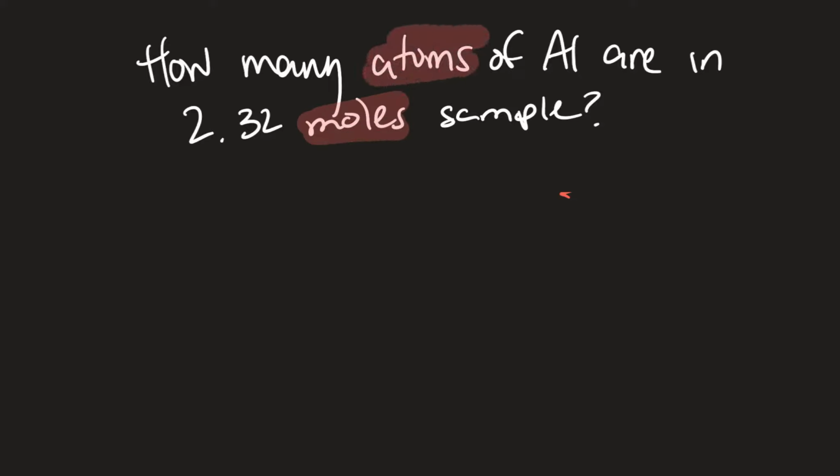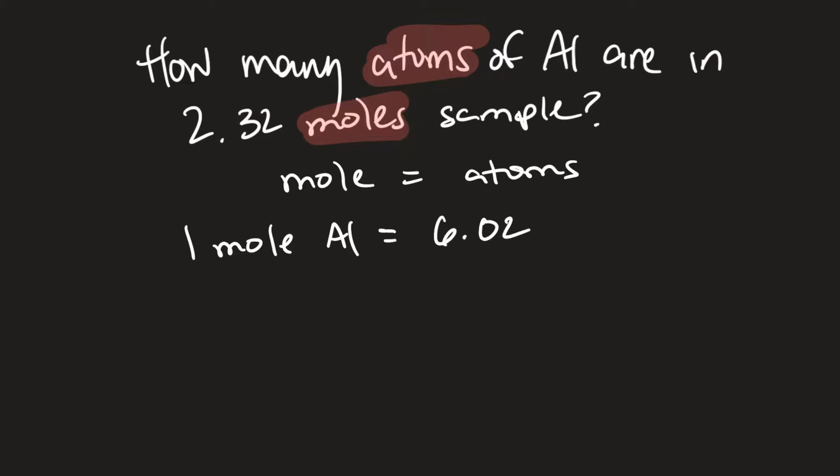All right, so how many moles and how many substances? Remember, we talked about moles. When we're looking at moles to atoms, okay? Remember, 1 mole of any substance, or 1 mole of atoms, is 6.02 times 10 to the 23 atoms of aluminum.